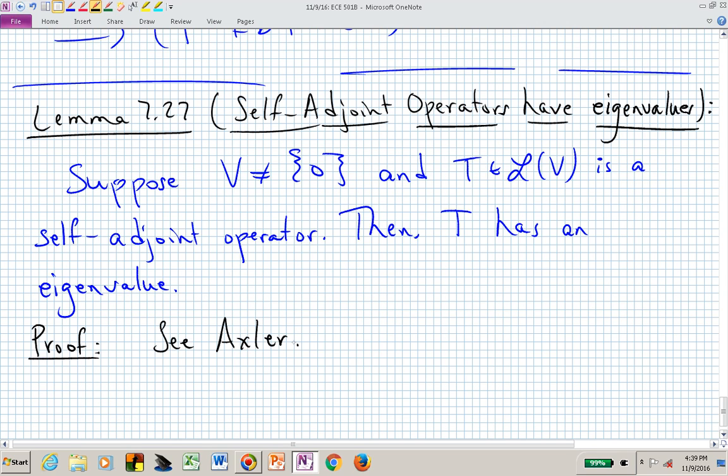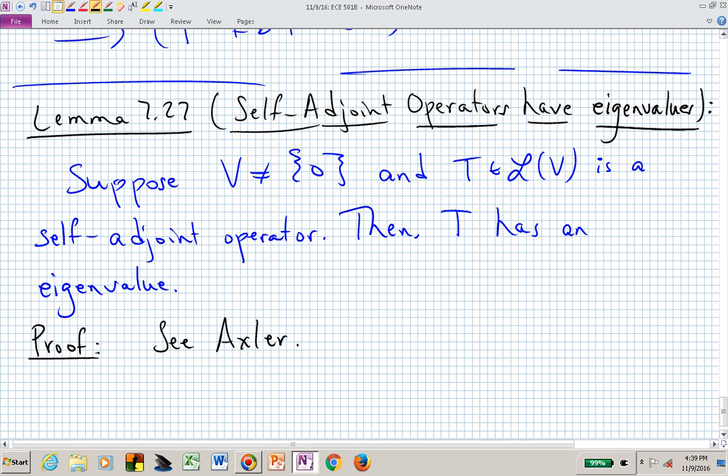I'll refer you to the text, but it essentially uses that previous lemma. It needs this factored form of a polynomial, where we can show it has complex roots, which must then be quadratic factors if they stay real, and we don't have any real roots, but we also have real roots that are guaranteed, and if that's the case, then we have a null space associated with one of those real factors.